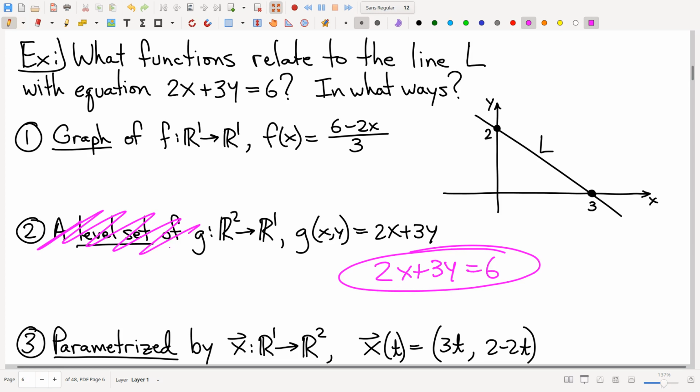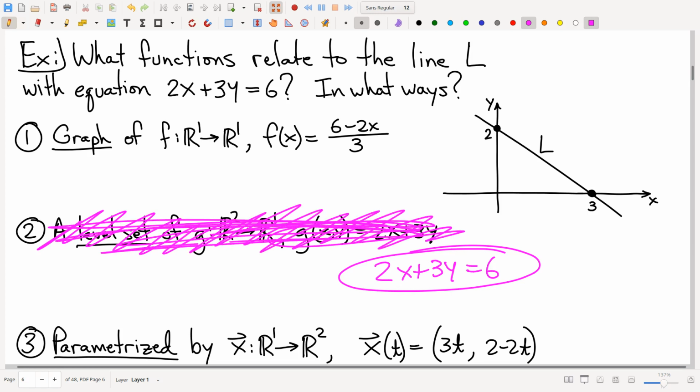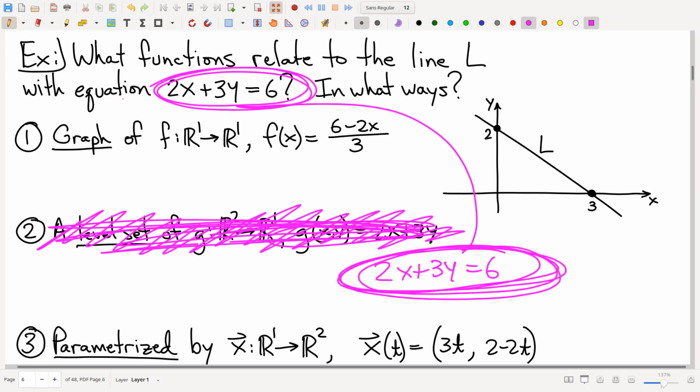But if this is all you've written down, notice you've just recopied the question, for one thing. You didn't do anything. Secondly, notice that what you're claiming is the function is not a function. This is an equation that says that this stuff equals that.